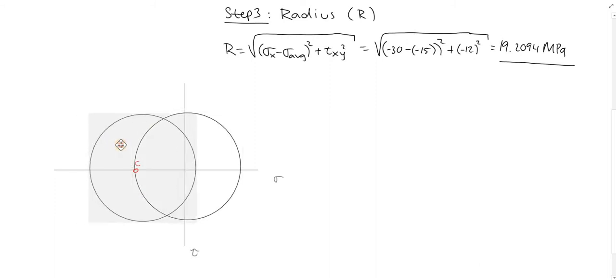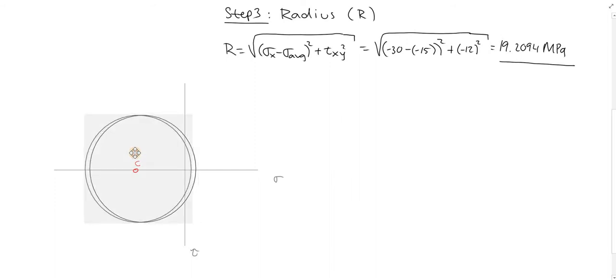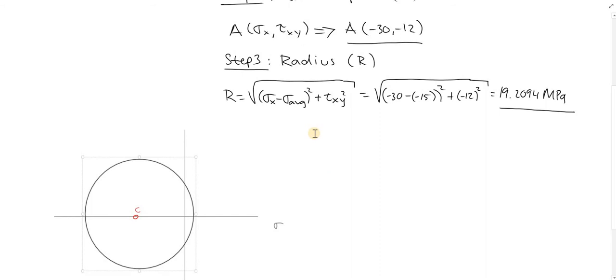Just recall the center point of the circle is where my C is. Then I'm just going to mark out where my different points are located. Remember our reference point, negative 30, negative 12.